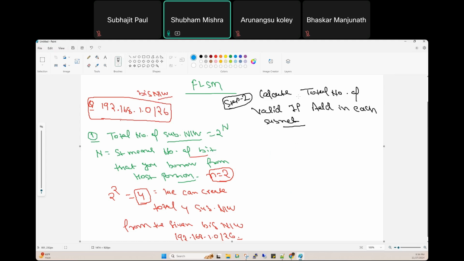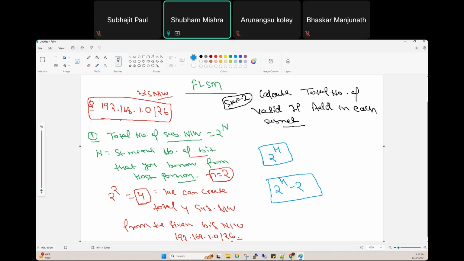If you guys remember our previous class, I told you two formulas to calculate the number of IP addresses from CIDR. The total number of IP addresses we calculate by the help of this formula, 2 to the power h. And to calculate the number of valid addresses, we calculate 2 to the power h minus 2.